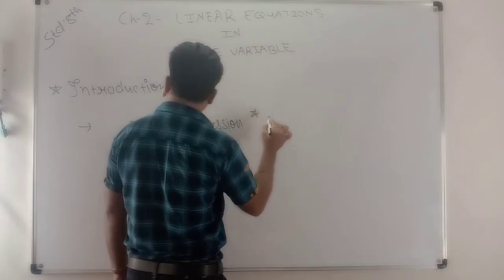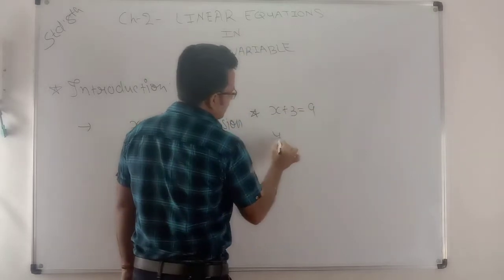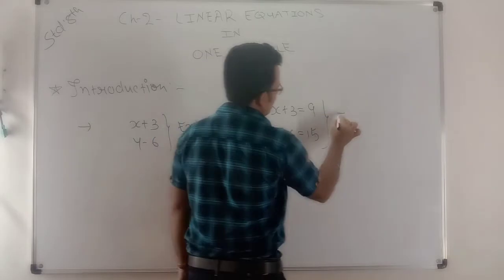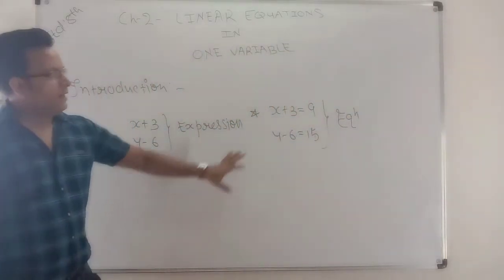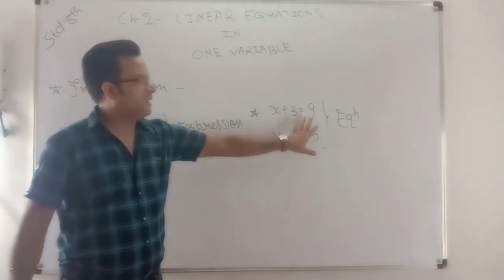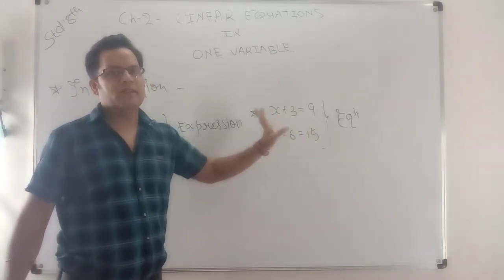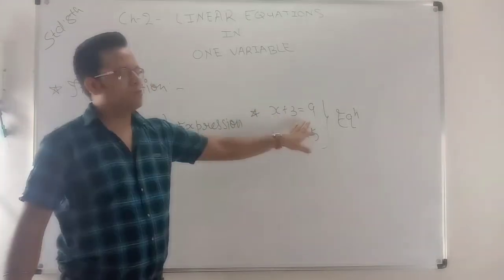If I write x plus 3 is equal to 9, y minus 6 is equal to 15, this is an equation. Why is this an equation? Because it has both sides. In an equation you get the value of the variable.